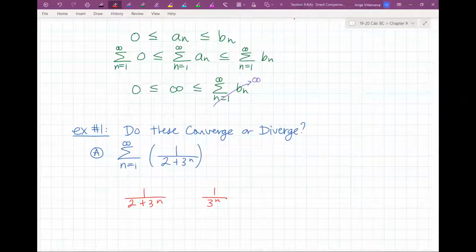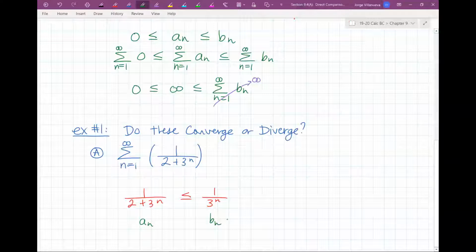Because the one with the 2 means that the denominator would be bigger. And if the denominator is bigger, it actually makes the function smaller. So that makes this part my a sub n, and this part is my b sub n.